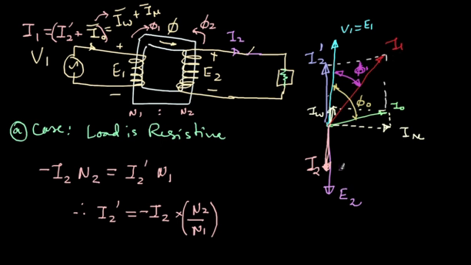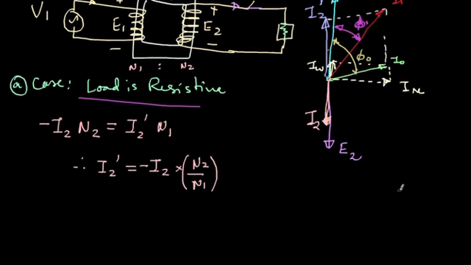This is the situation where the load is resistive. When we come to numerical examples, we will do all the calculations and find these angles. But as far as this vector diagram for resistive load is concerned, we should be comfortable with this.